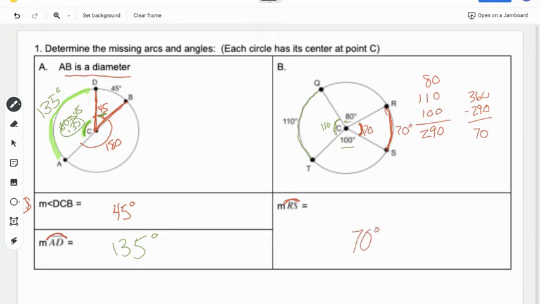Okay, so a couple of really important properties here. Make sure that you get these kind of ideas in your notes. The first one is that the measure of the inside angle is equal to the measure of its arc.